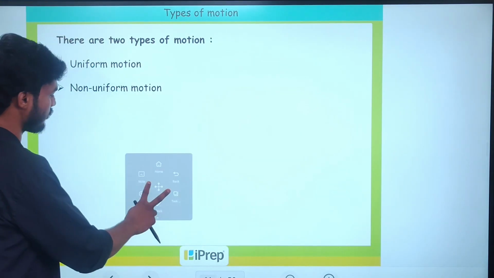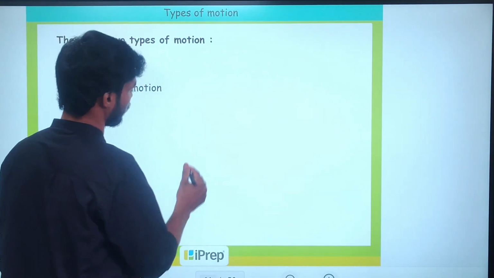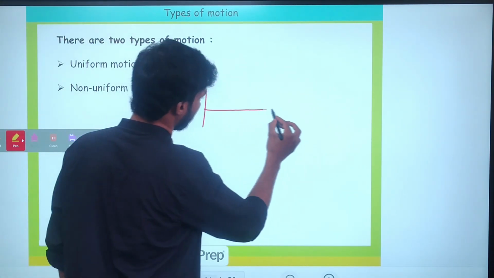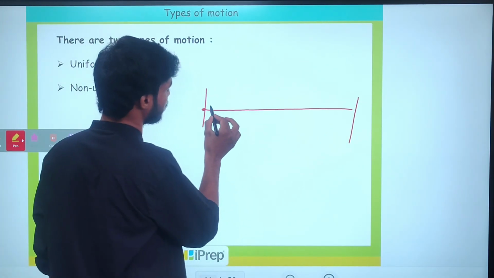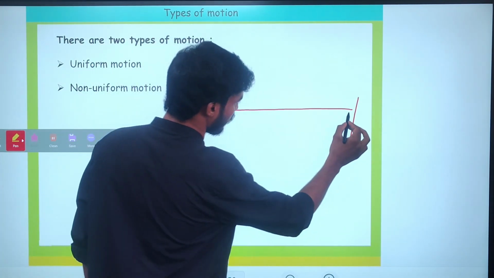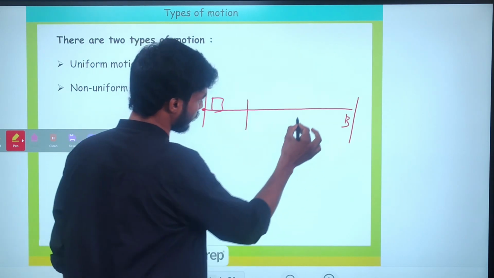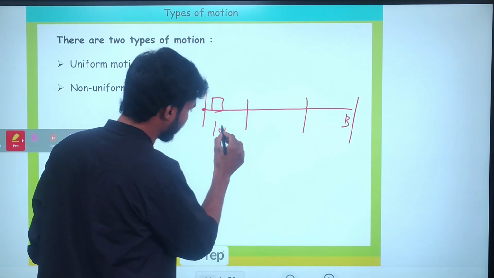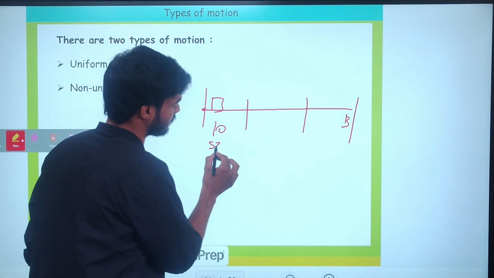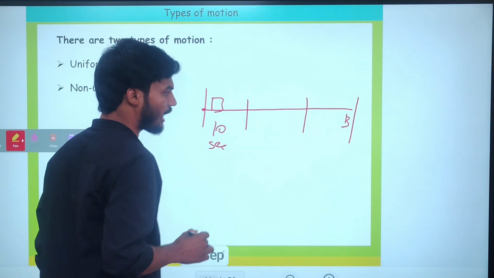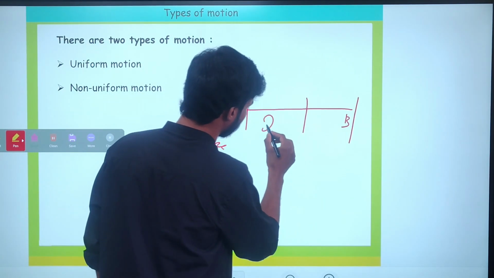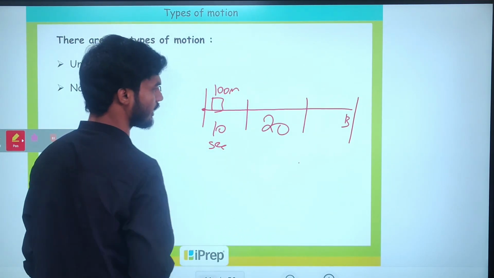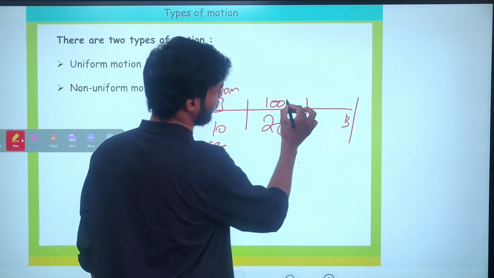Look here, for example, a car started from point A to point B. Imagine that with respect to time, in the first 10 seconds, the car travels 100 meters.